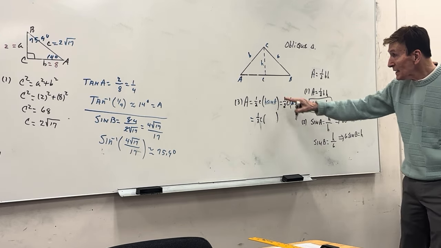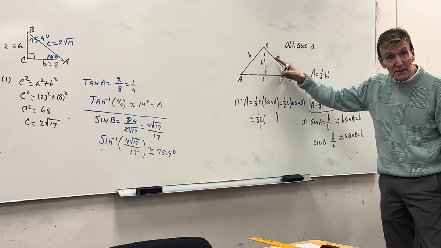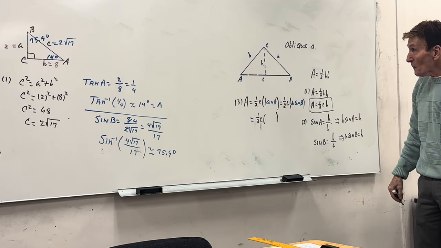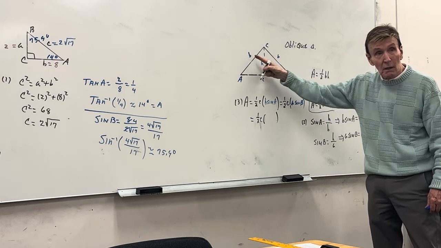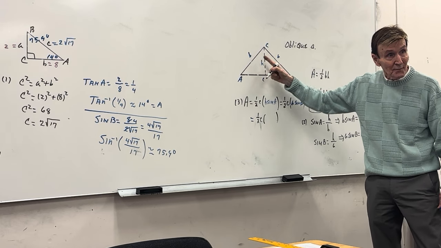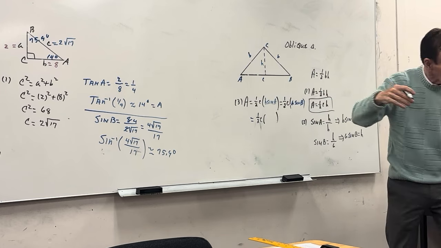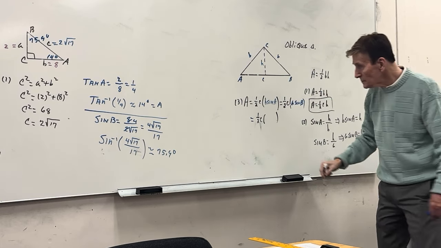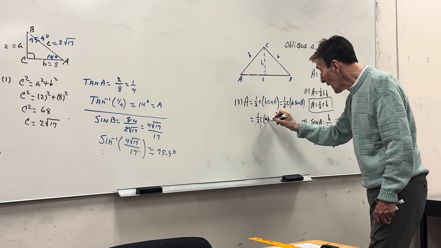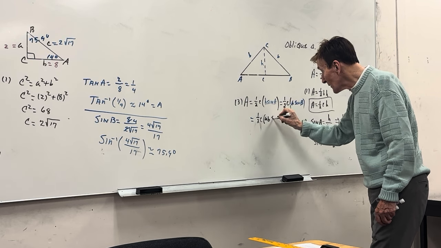Now, if I started out with C, have I used this one yet? We used this, haven't we? What's left? Have we used this one? Not yet. Could I use these two sides? Yeah. A and B, then times sine of what angle? C. Okay, then 1/2 AB sine C.